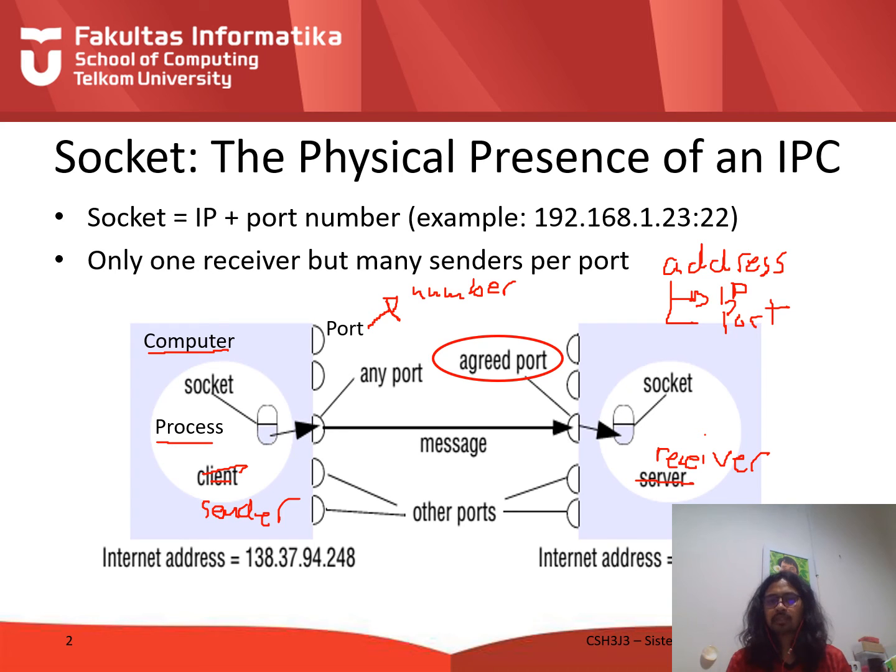And why does it need to be an agreed port? Because we need the port to be known, a well-known port. So the port needs to be agreed, and defining an agreed port is called binding.